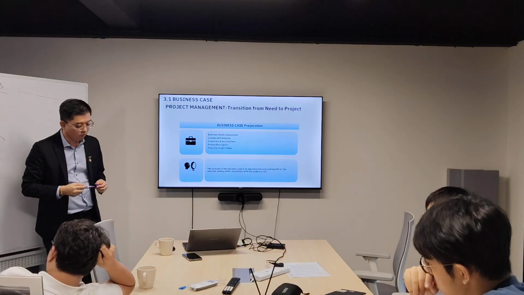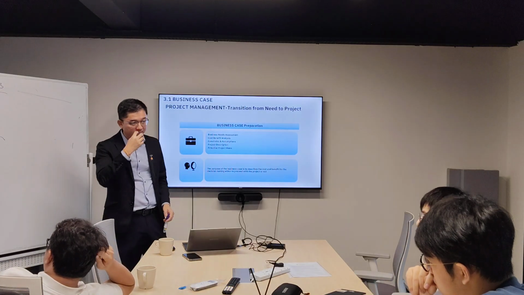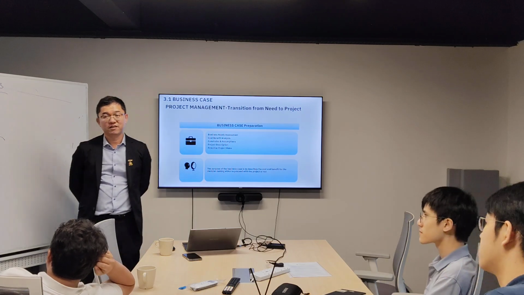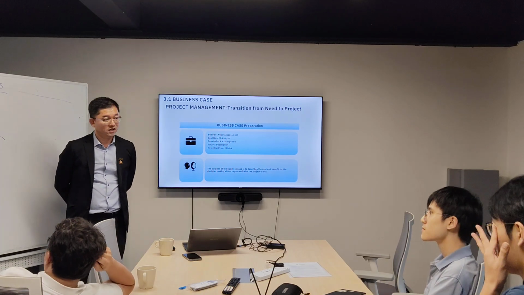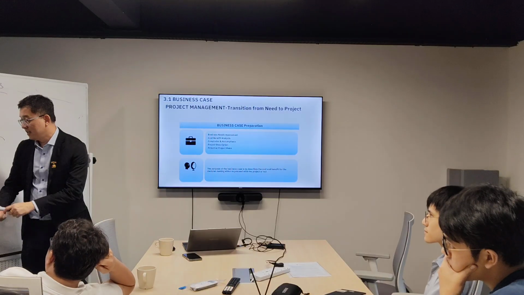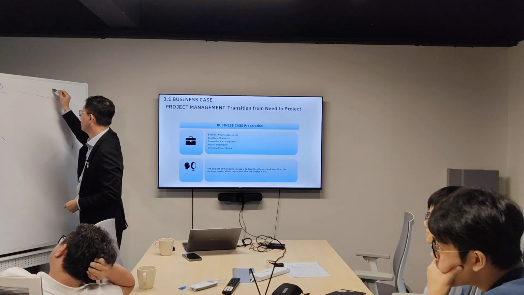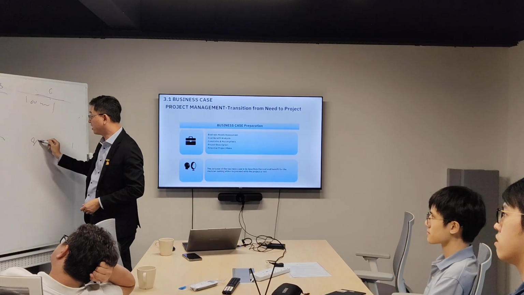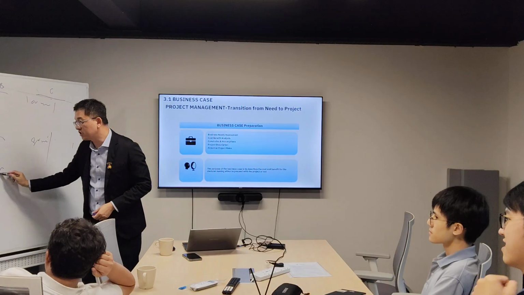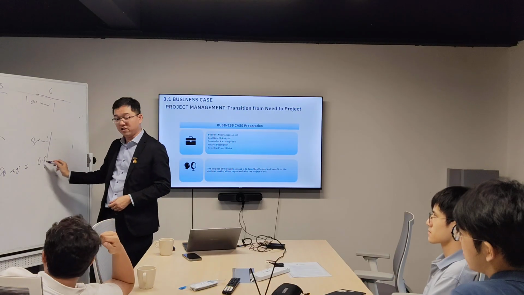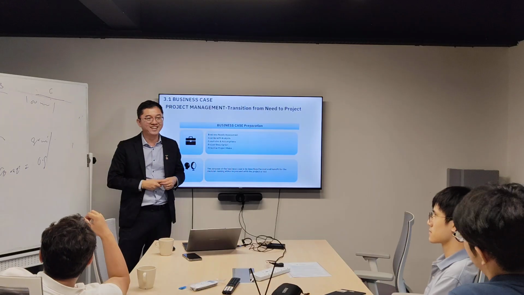Which project do you go for? Project A, you're right. Agree? Project A to go for. Let's say project C, your cost is 100 million, but your return is 80 million. What is your CB ratio? 0.8. You want to go for project C or not?